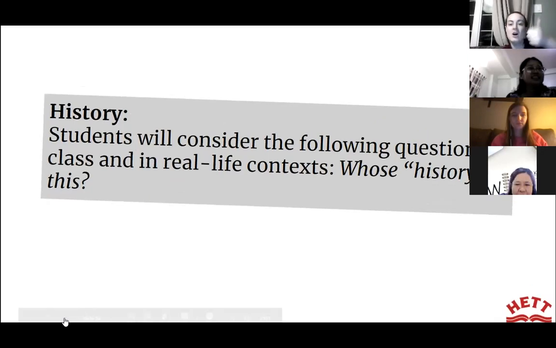Is this a strong or weak goal? Students will consider the following questions in class and in real life contexts: whose history is this?